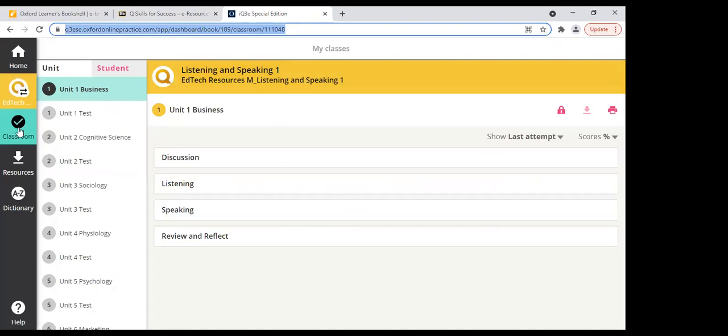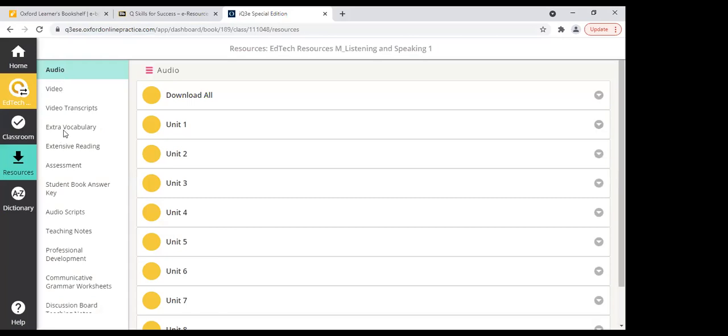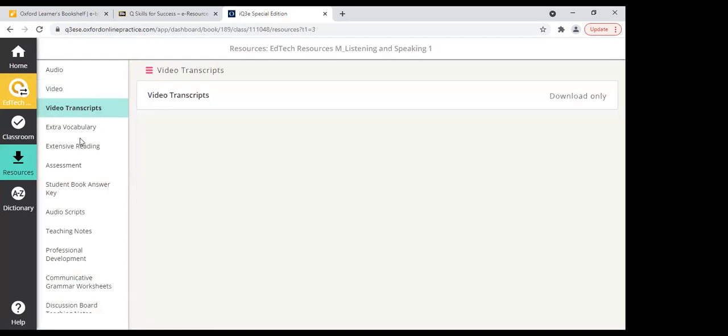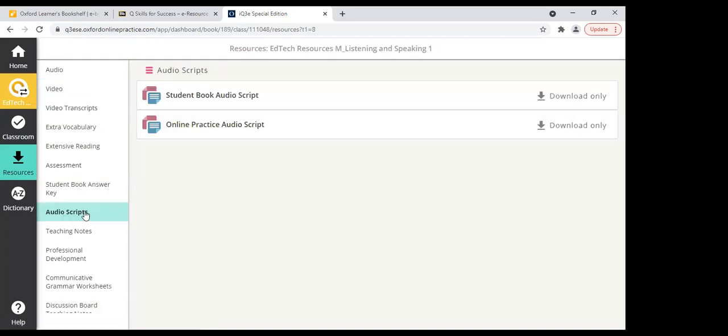And this is where you find all of the things. So if you typed in the course code, you'll probably get the same book, and then you click on resources down here. Click on resources, and you'll see all of the different. So you have the audios, all of the audios from the book, any videos that come in the book, even the transcripts, the audio scripts.